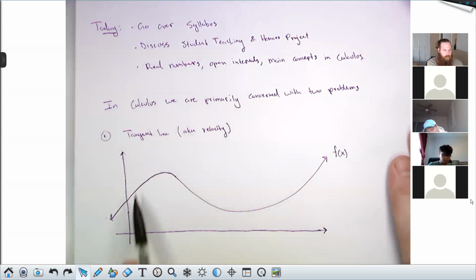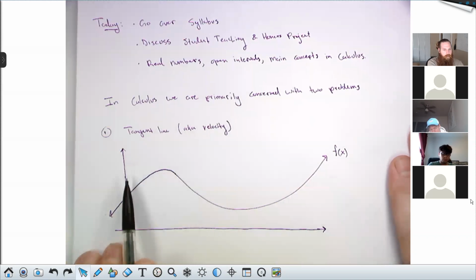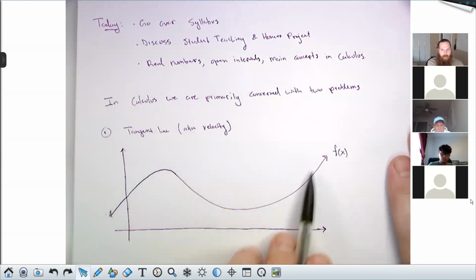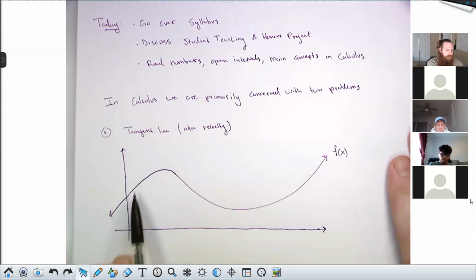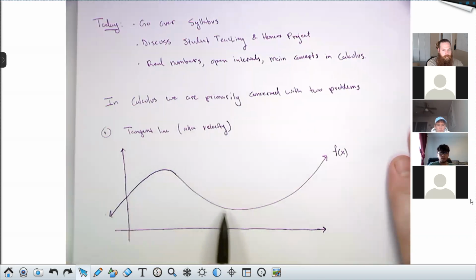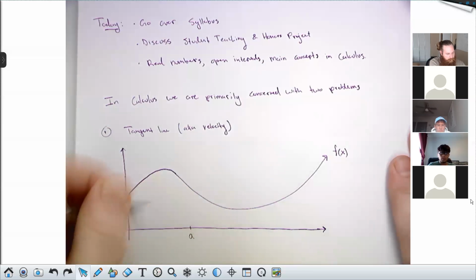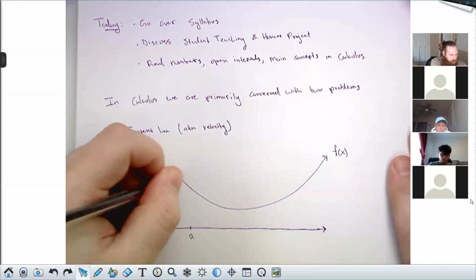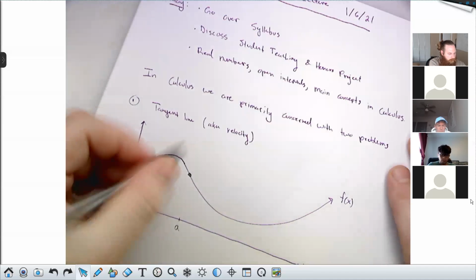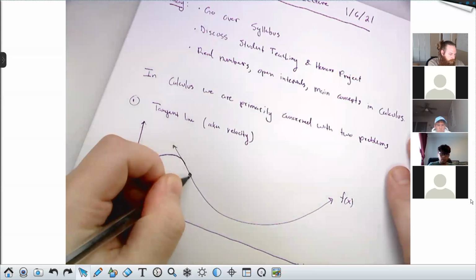If you think of this graph as being like a ski slope, like a hill, and you've got some tiny little guy skiing along it, then if you're going uphill, his skis would be pointing up. If you're going downhill, his skis would be pointing down. And if you look at any particular x value, any particular place along that horizontal axis, and you draw the line that his skis would be pointing along, that line is called the tangent line.